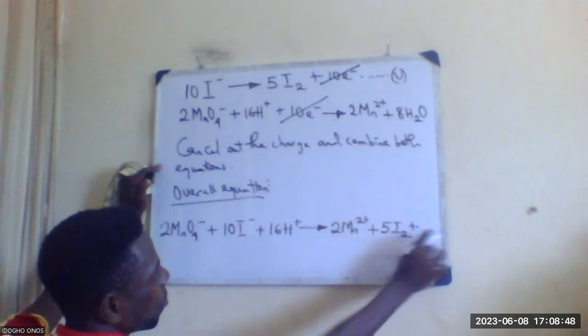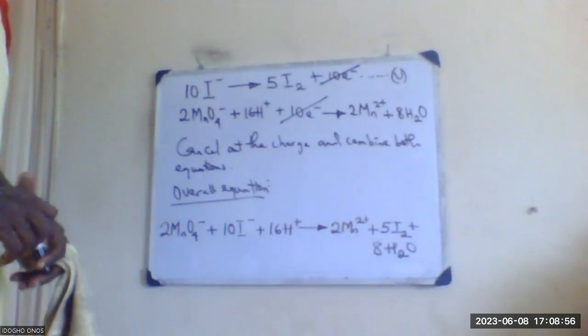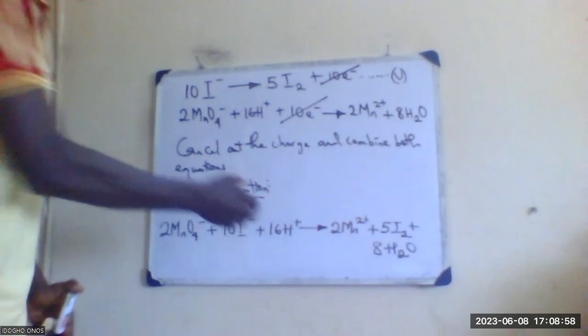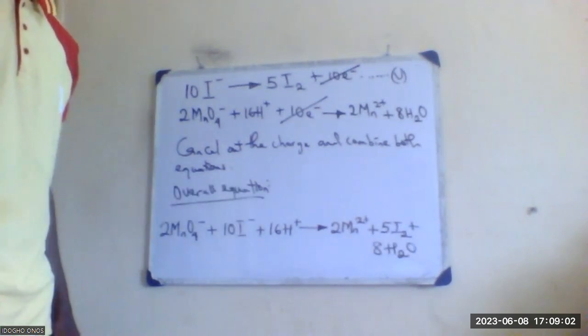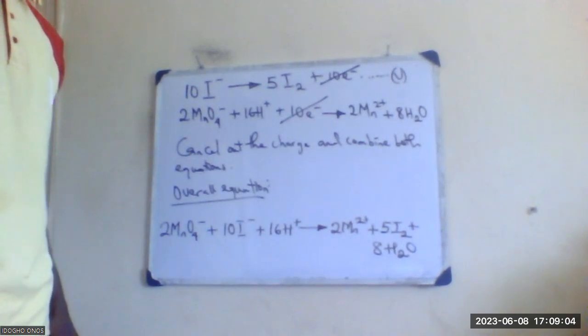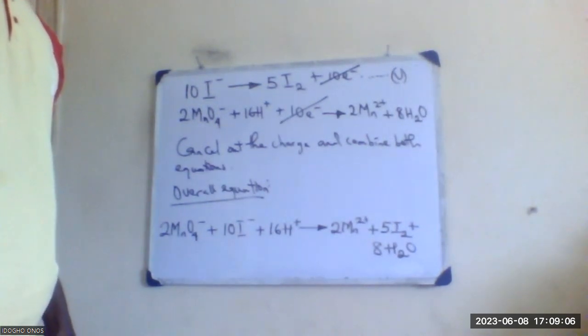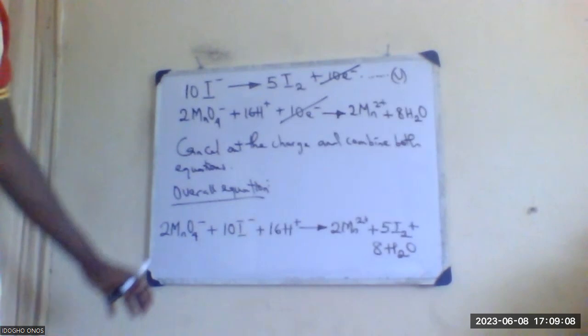There's no space, so that's why I'm putting it this way. So this is your overall equation, and that will be the balanced equation. That's all. If you have any question, you can ask.